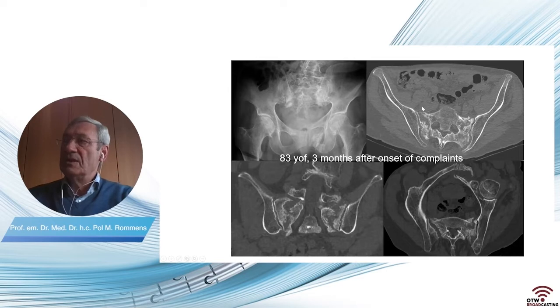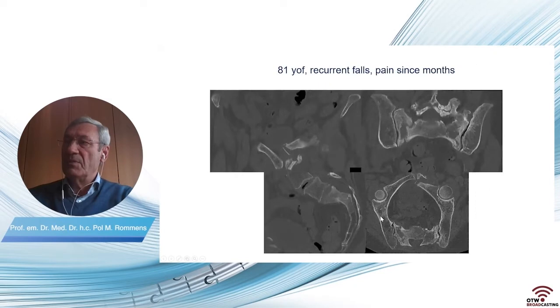Then you see these complete fractures in the sacral ala on both sides. Here, the internal rotation of the left hemipelvis and the displacement near to the symphysis pubis in the front. So that's a highly unstable lesion of an 83-year-old patient.